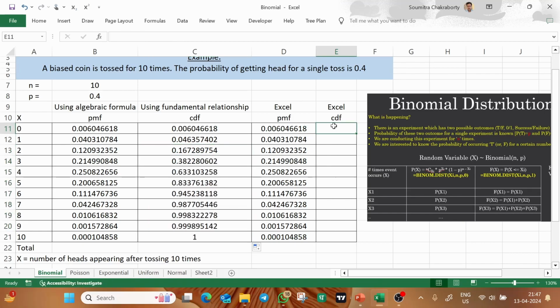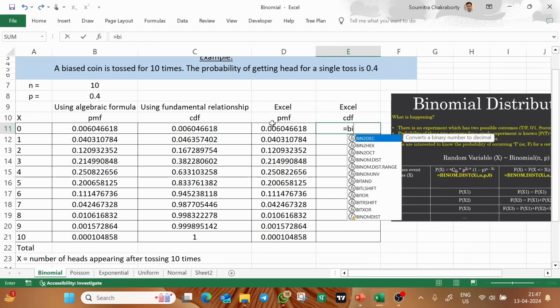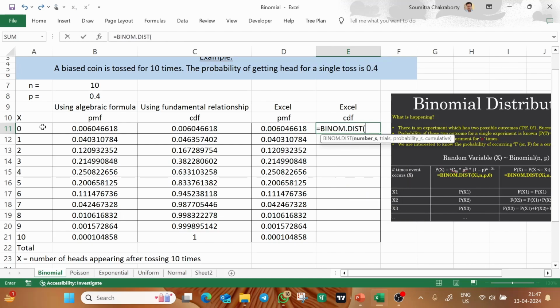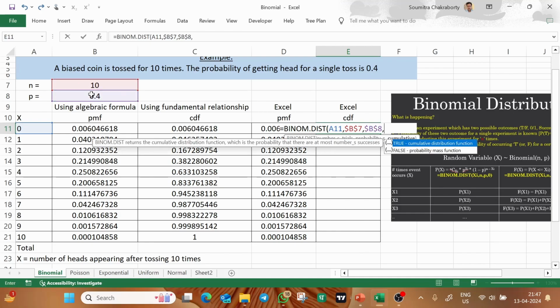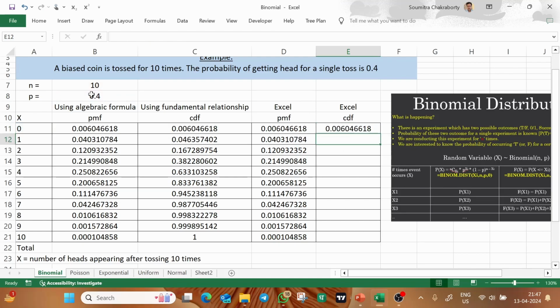And if you want to calculate this using an Excel function, then BINOM.DIST, numbers, number of trials, probability, and this time the last argument is 1 because this is CDF.